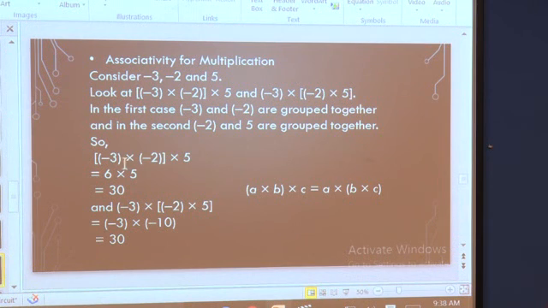I had taken one group here, multiplied by 5. This is our case number one. Here you know 3 2s are 6. Two negative integers multiplied give a positive integer, so it is plus 6. Multiply by 5 as it is. So 6 5s are 30. You can do this very easily, and you can take your own numbers also.